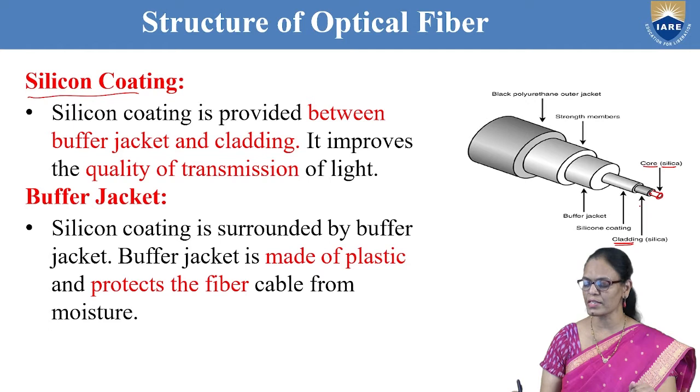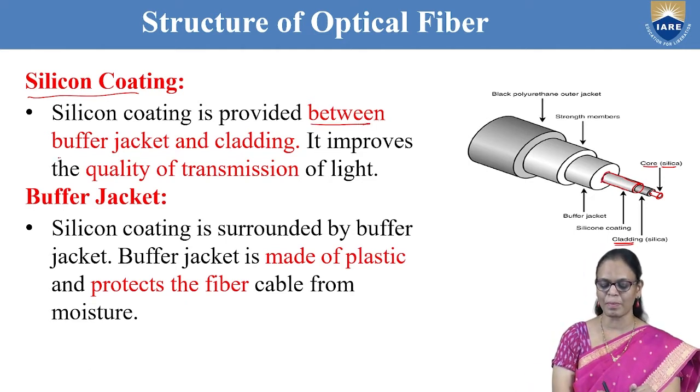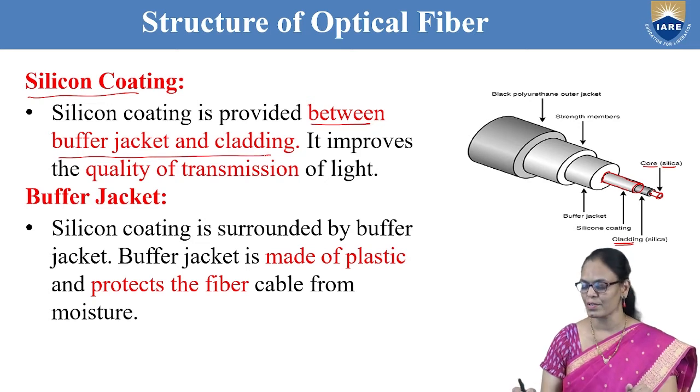Now covering this cladding, we have the silicon coating. This is the silicon coating. And this silicon coating is provided between the buffer jacket and the cladding. So if you see, this is the buffer jacket and this is the cladding.